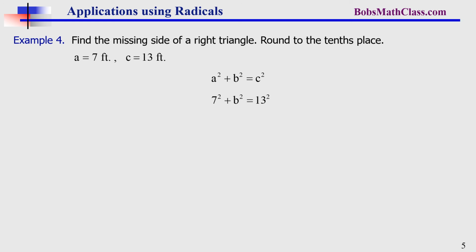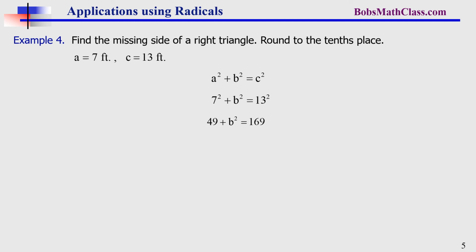Okay, now 7 squared, 49. How about 13 squared? 169. Okay, but now we don't have the letter squared by itself. We always want to get the letter by itself, right? Whenever we're solving an equation, that's one of our goals.